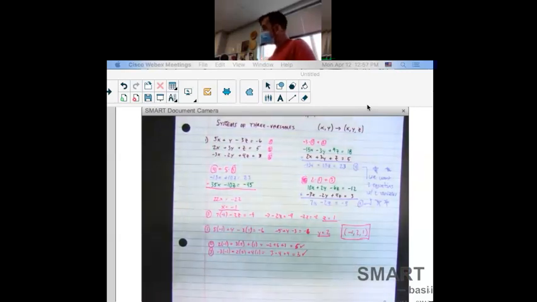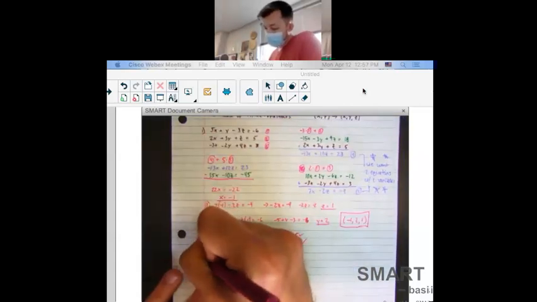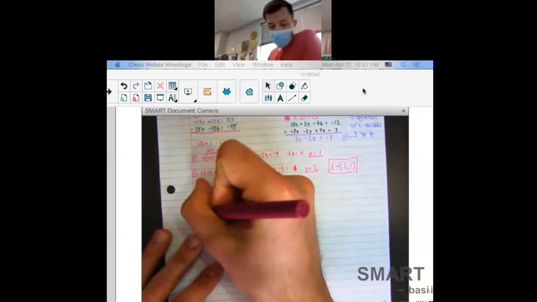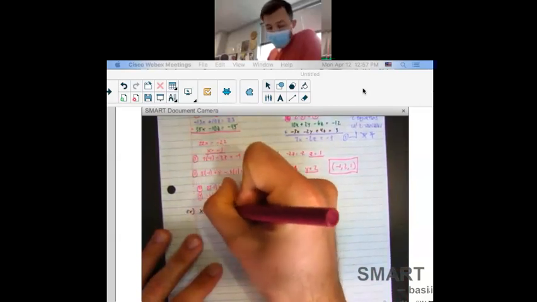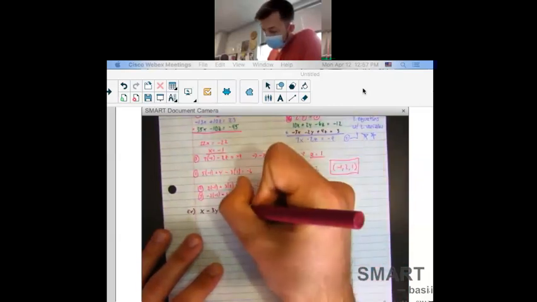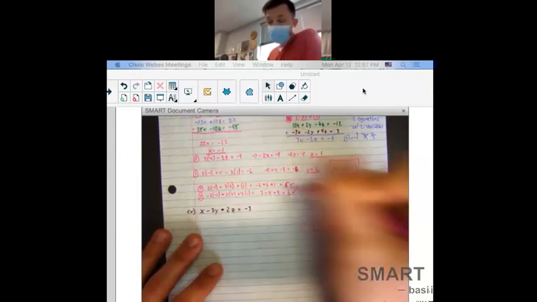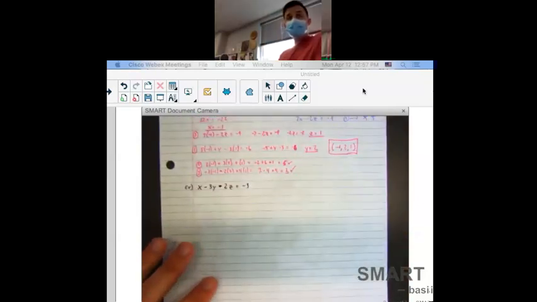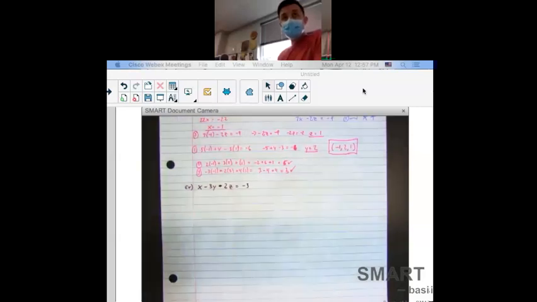Any big concept things you guys want me to make sure I go back over real clearly on the next one? To try it again. Let's try another one. If you guys can lead through this one. Oops. That's a minus sign. x minus 3y minus 2z is negative 3.